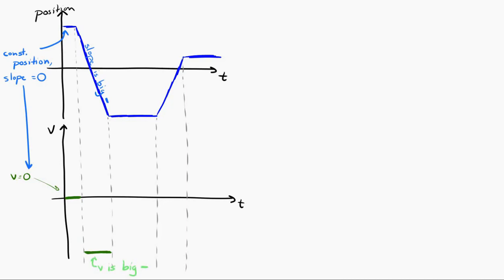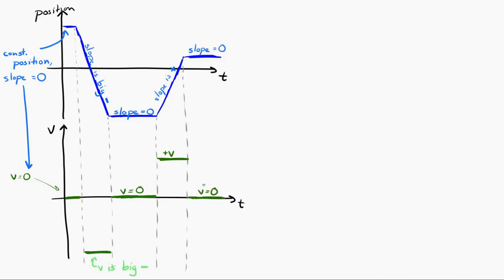Then in this third segment, again, the graph is horizontal, which means it has a slope of 0, which means that the velocity is 0. In the fourth segment, the position versus time graph has a quite positive slope, so that means that the velocity is quite large and positive. And then in the very last section, it becomes horizontal again. The slope is 0, so the velocity is 0 in that segment.